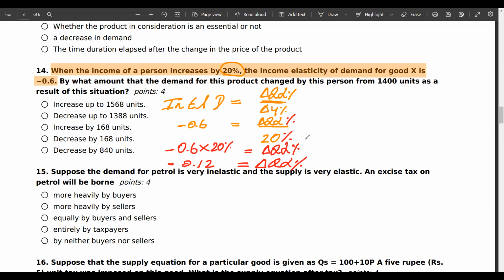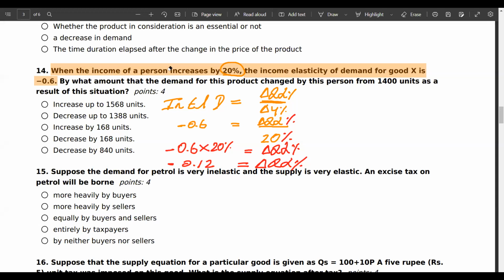So here, minus 0.6 into 20% means minus 0.12, or if I write it in percentage, it will look like minus 12%.